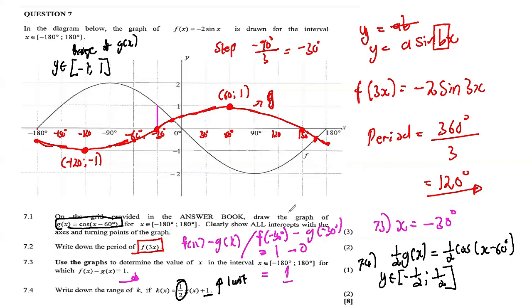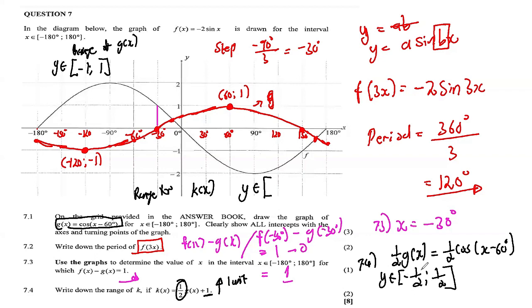So our new range now for K of X, now that we have shifted it 1 unit, would have to be Y is an element. We'd have to come here and shift this range 1 unit.